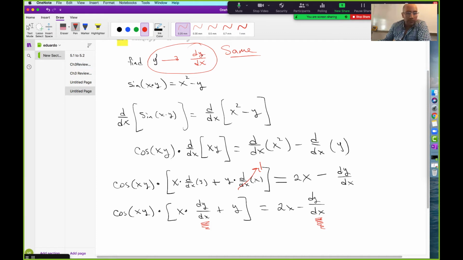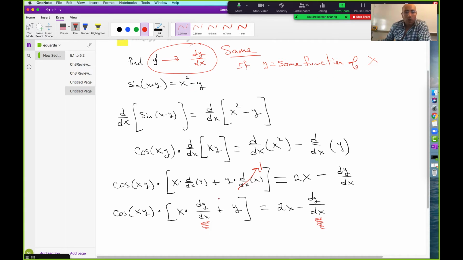So it's important that y prime is dy dx, under the assumption that y is a function of x. So this is if y equals some function of x, like y equals something in x squared minus 2x cosine of x, whatever.